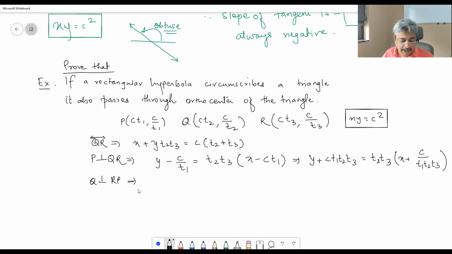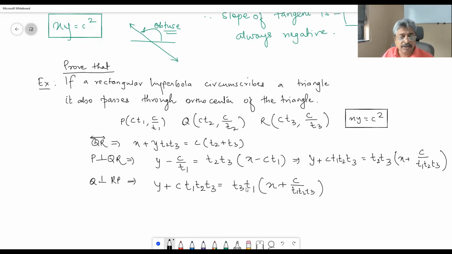Similarly I can write y plus c times t1 t2 t3 is equal to t3 t1 inside bracket x plus c upon t1 t2 t3.